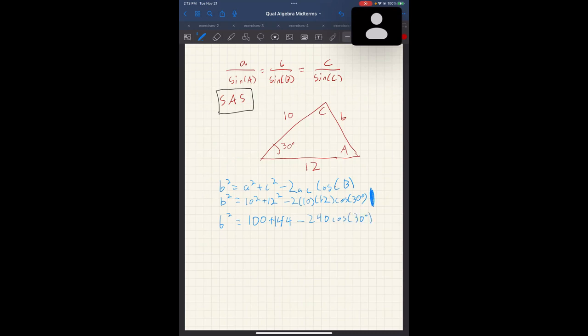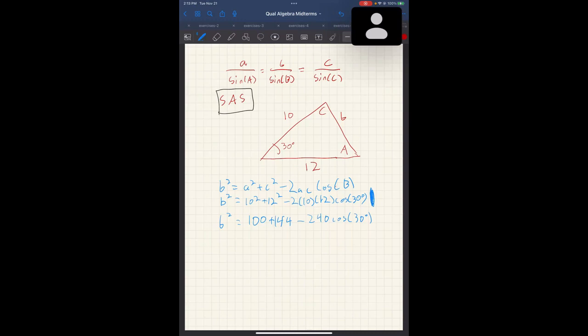And now this is the point where cosine of 30 is root 3 over 2, which we know exactly that number, but we don't really know how to take square roots in a nice way. So I'm not going to bother trying to do this in any exact way. Now I'm going to start rounding things out.